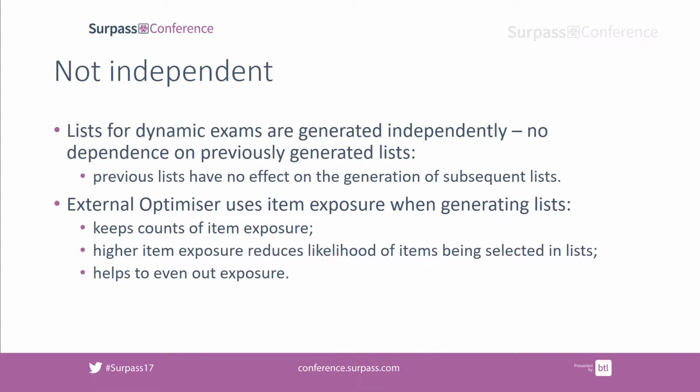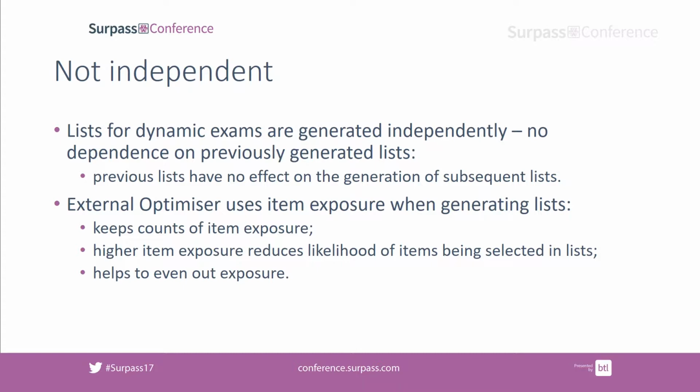Then the third difference is that in the External Optimiser, individual lists are generated dependent on previous lists. In the existing dynamic rules, each list is generated completely independently.